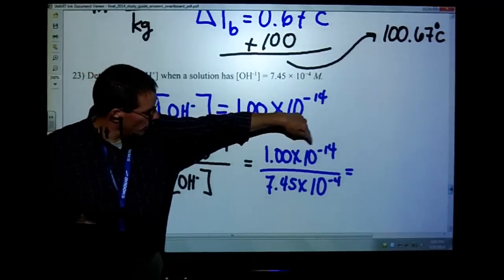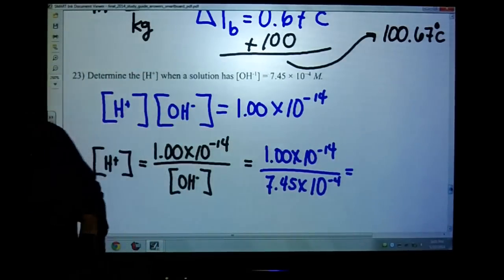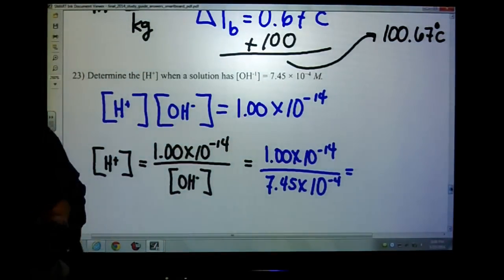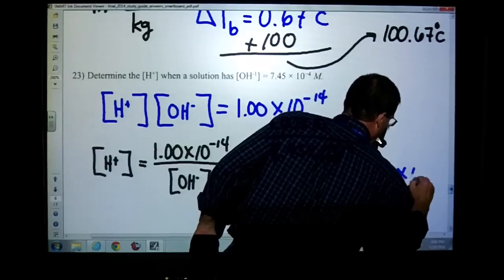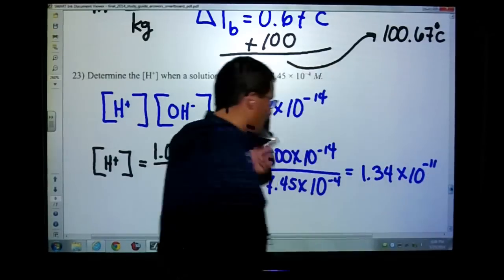So 1.00 times 10 to the negative 14 divided by 7.45 equals 1.34 times 10 to the negative 11.